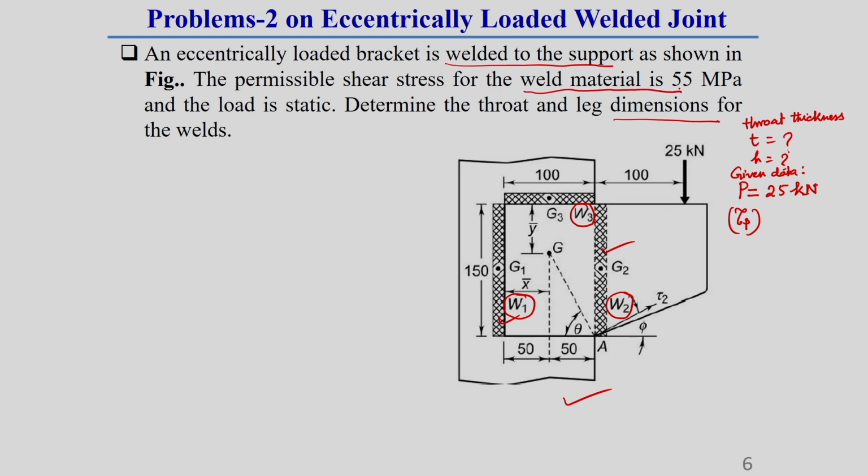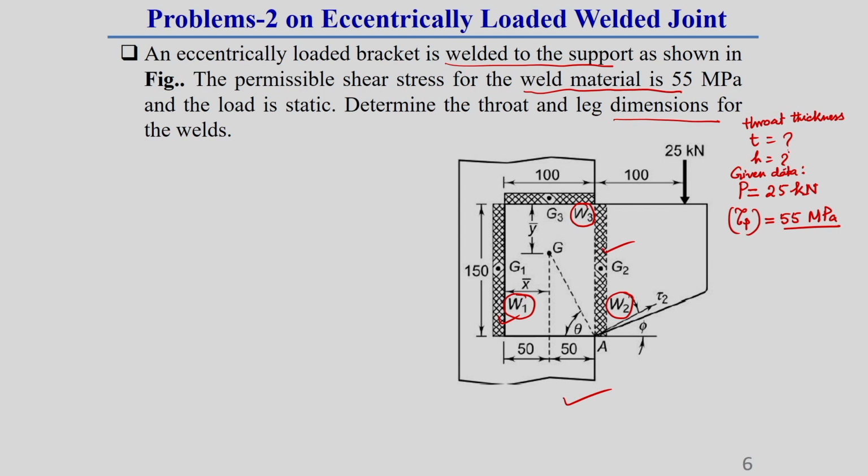That is why we are finding the weld's resultant shear stress. So, tau p is given as 55 MPa. What is required is to find the throat thickness t and the leg length h.